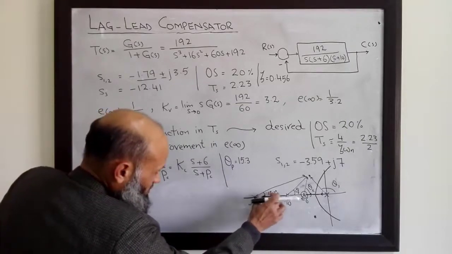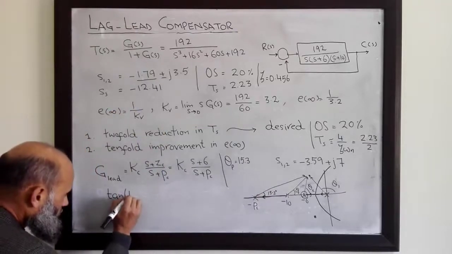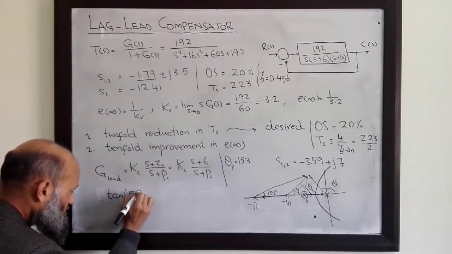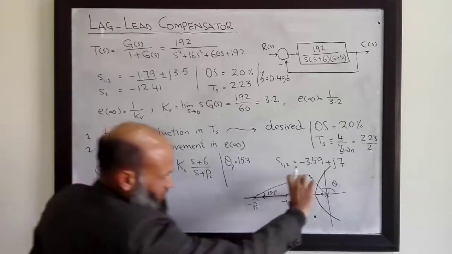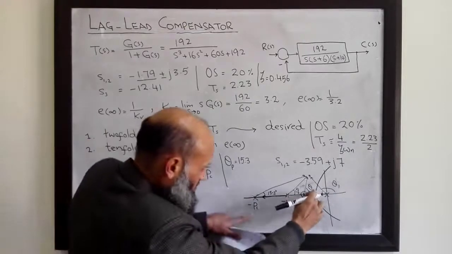We can see that tan of 15.3 degrees is equal to this height, which is 7, divided by this length.